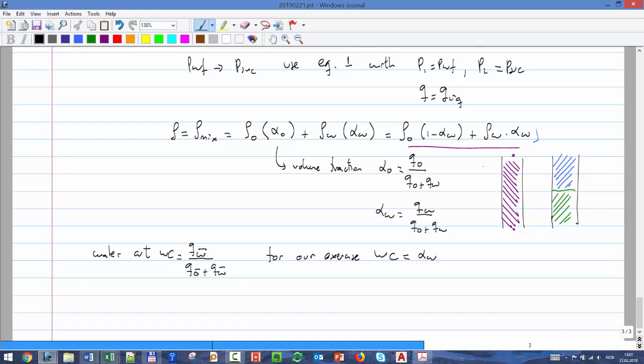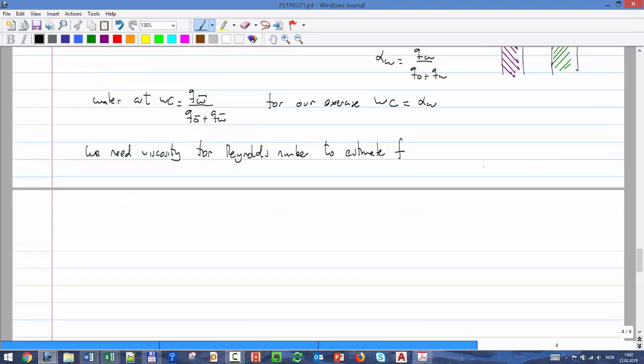So the other comment is that we need viscosity for the Reynolds number. And the Reynolds number we need for the friction factor. Okay? Let me just write it here. And some people propose to simply use the same equation, okay?